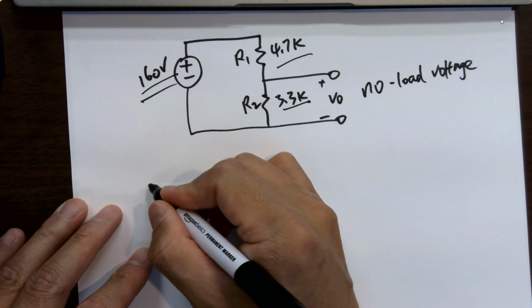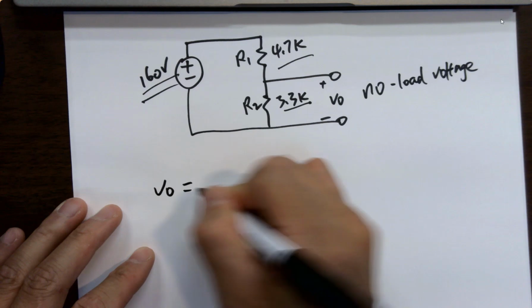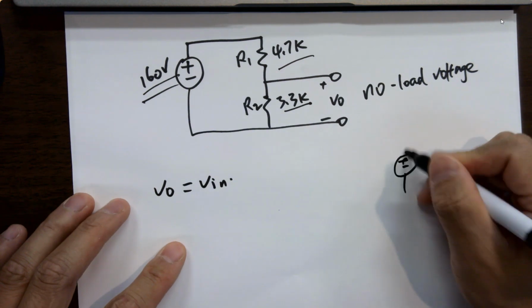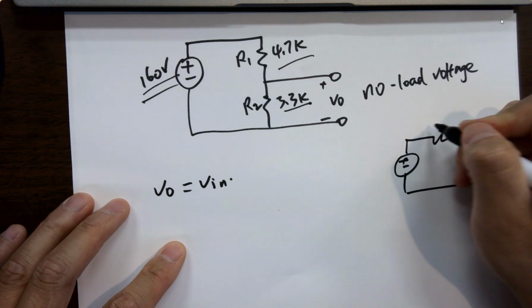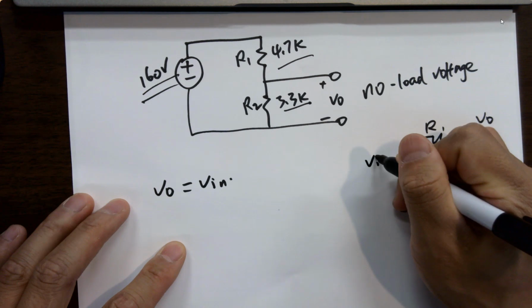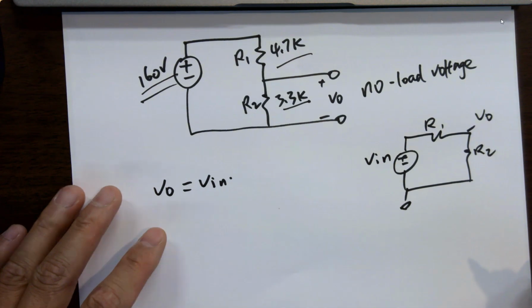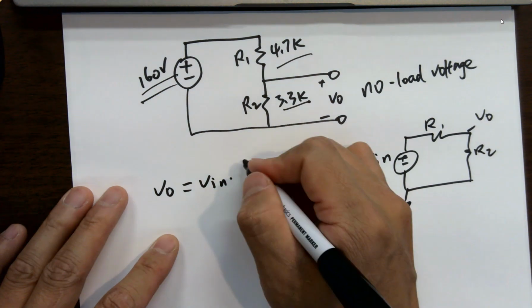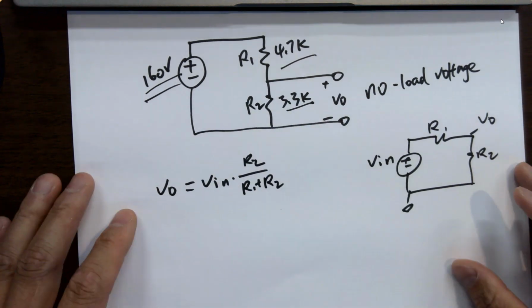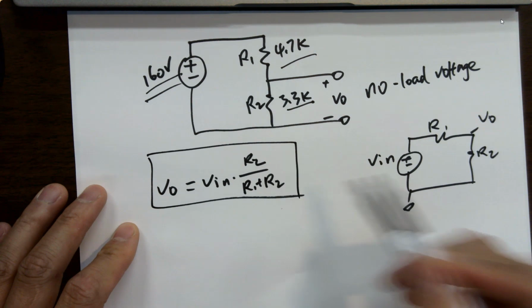So what's the voltage divider equation? V out equals what? If I have a circuit like this, R1, R2, here's V out, and V in. V out equals V in times R2 over R1 plus R2. That's the voltage divider equation.